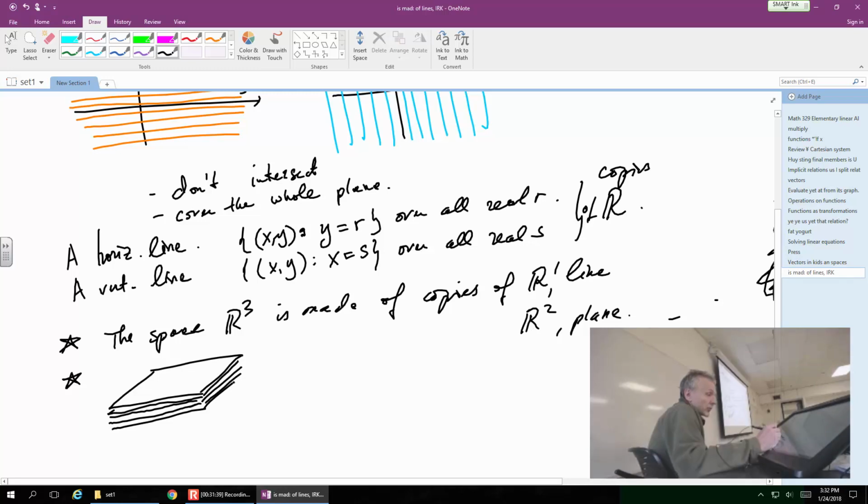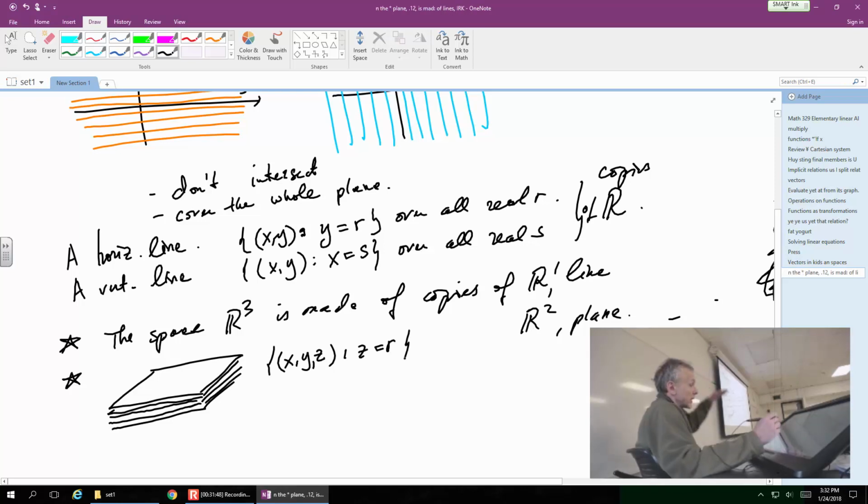The equations will be almost the same. The horizontal plane will be the points x, y, z with z equal to r. So that's how far the elevation of that plane is. And so it makes up the whole thing, but you can certainly pick, instead of z, pick y or x.